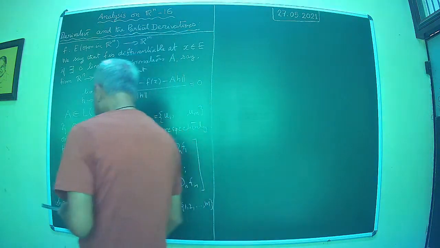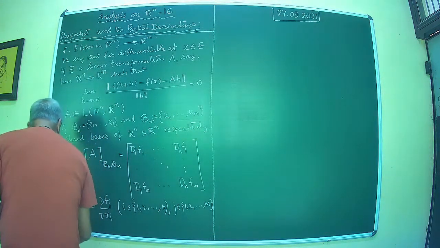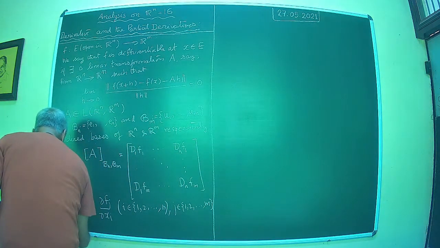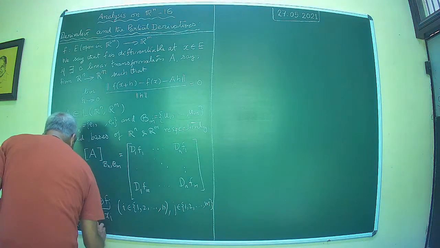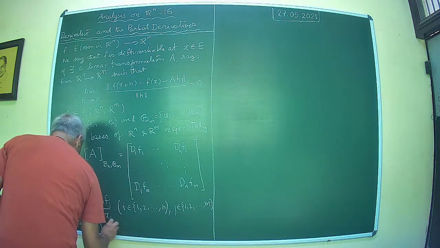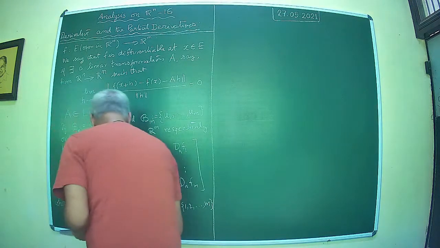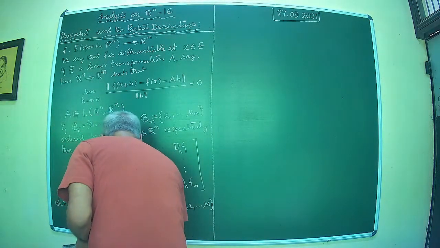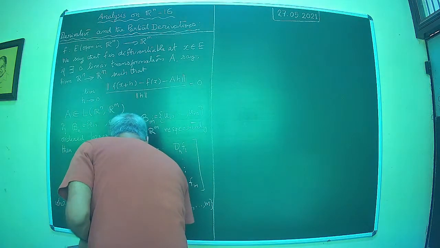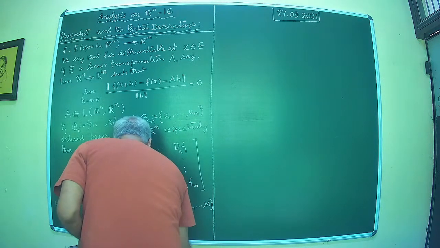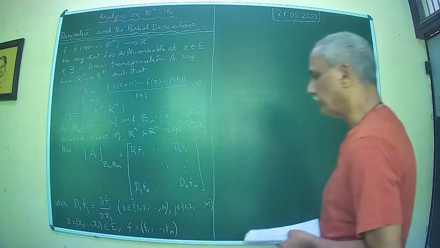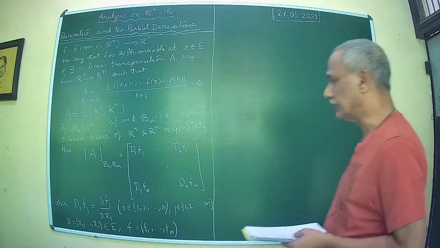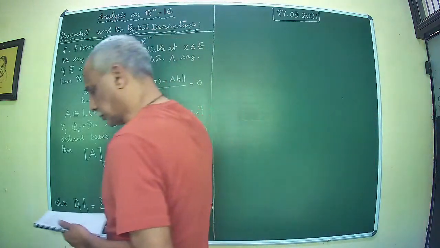See what you have is this, that x equal to (x1, ..., xn) in E and f equal to (f1, ..., fm), so that f is a map from E to Rm. So this is what we have explored already.